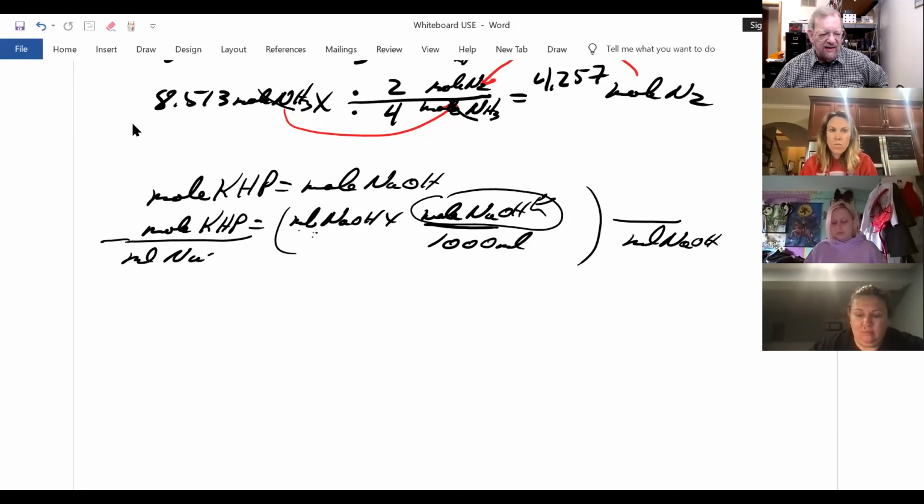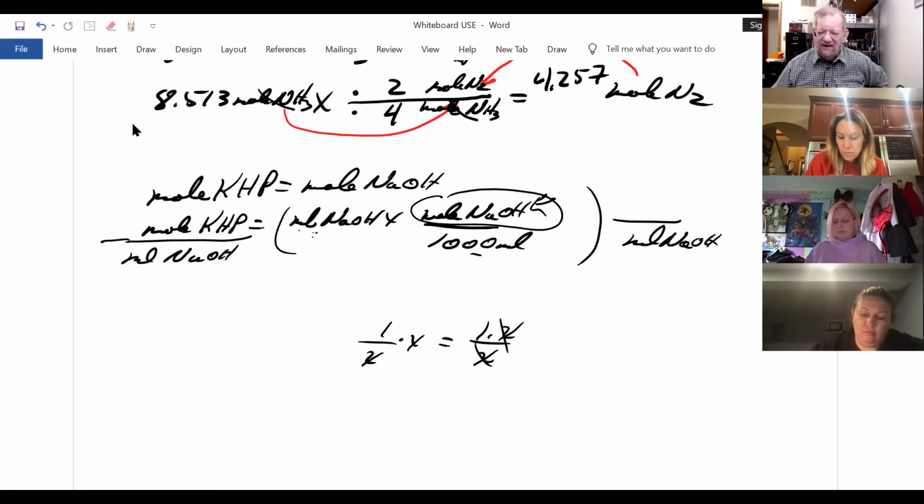And I did that. Now, if I want to get rid of 1,000, how do you get rid of 1 over x? Well, if you multiply it by x, that equals 1 times x over x, and it's gone.